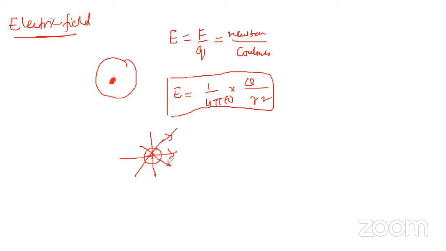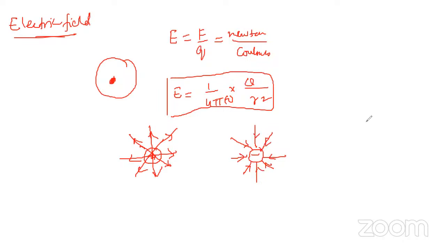Like this, you have electric lines of force always away from the unit positive charge. If it is a negative charge, the electric lines of force are directed towards the charge. Like this, you have the electric lines of force.